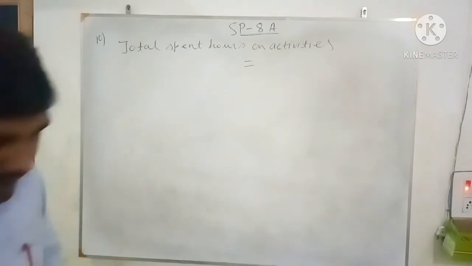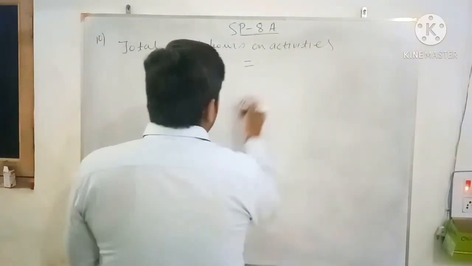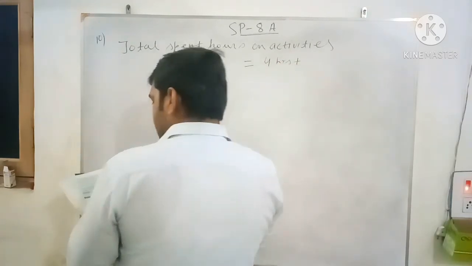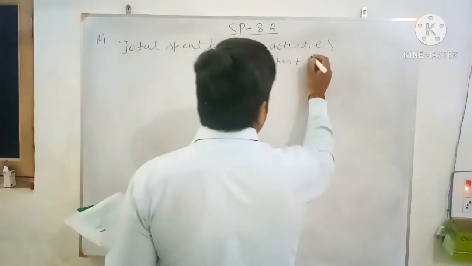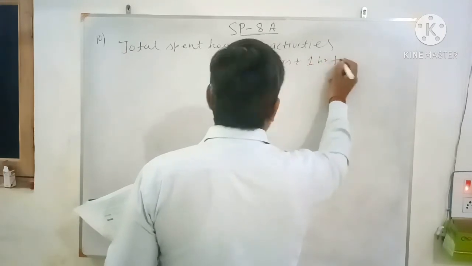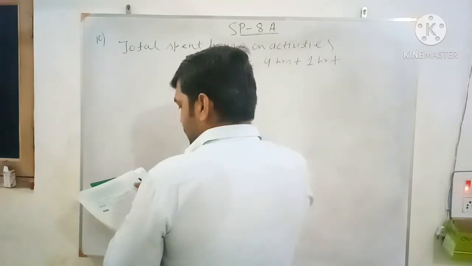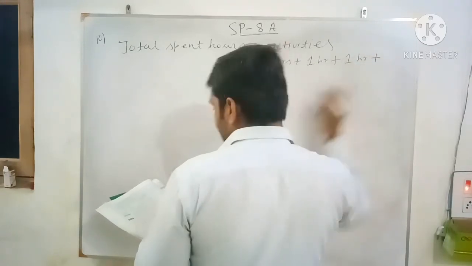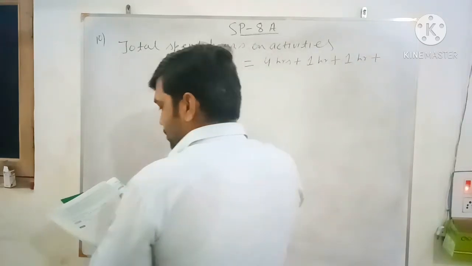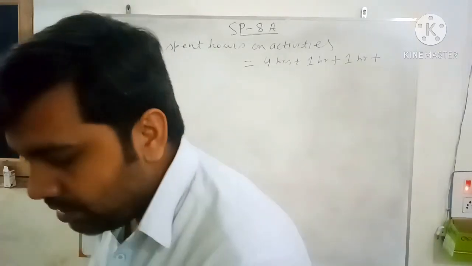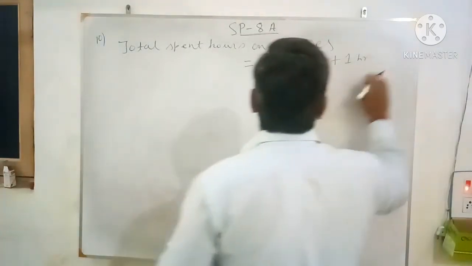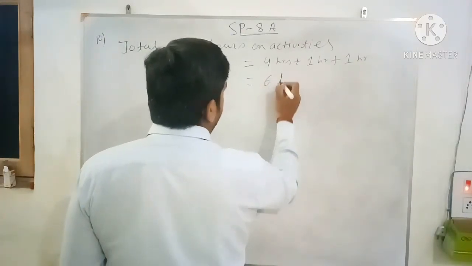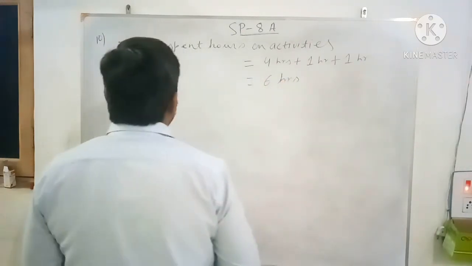He is spending 4 hours on study, plus 1 hour for playing, plus 1 hour in doing workouts. So he is spending a total of 4 plus 1 is 5, plus 1 is 6 hours. So he is spending 6 hours on the activities.